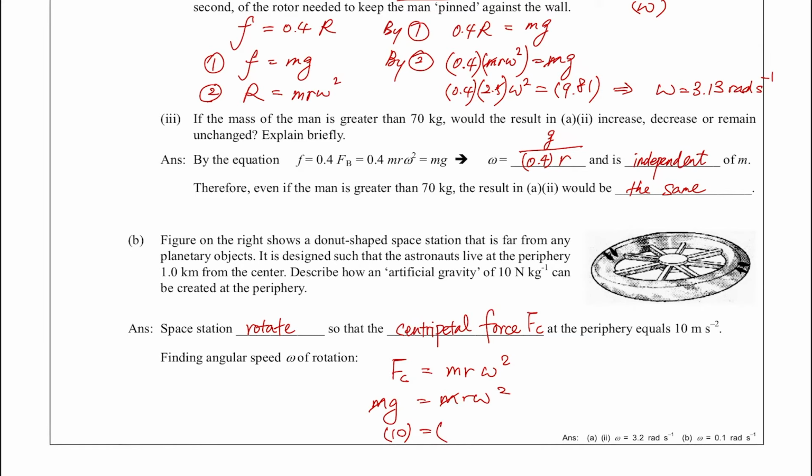So m is cancel out on both sides. 10 would be equals to r. R is 1 km, so 1000 meter omega square. Solving this, omega would be equals to 0.1 radian per second. And this is how artificial gravity of 10 meter per second square can be created.